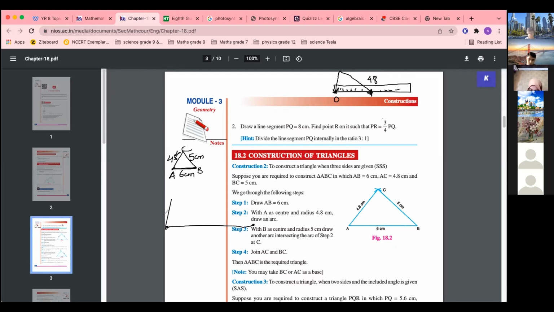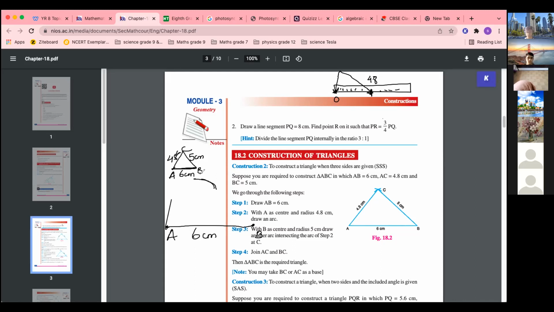So what I'll do, I have already drawn AB, which is 6 centimeter using the scale. Now using the compass, AC is 4.8. So I will cut a 4.8 arc here, somewhere here. Then I'll again take the compass and take the measurement of 5 centimeter on the compass. And now from here, I'll cut the previous arc with 5 centimeters.